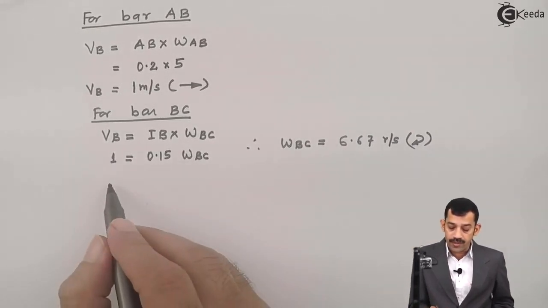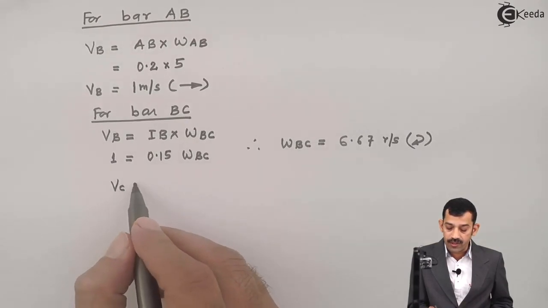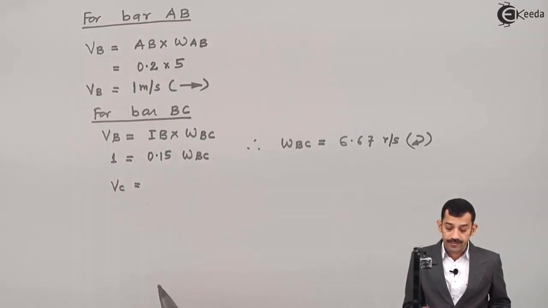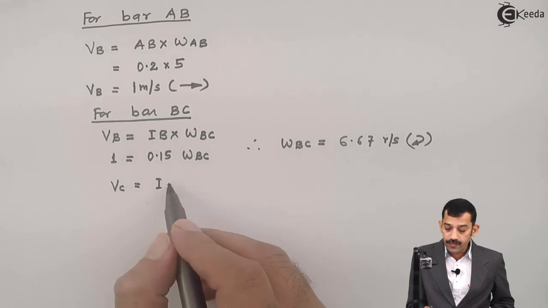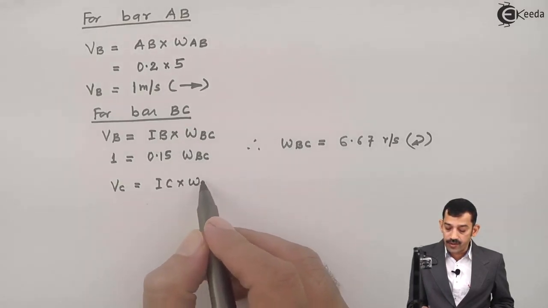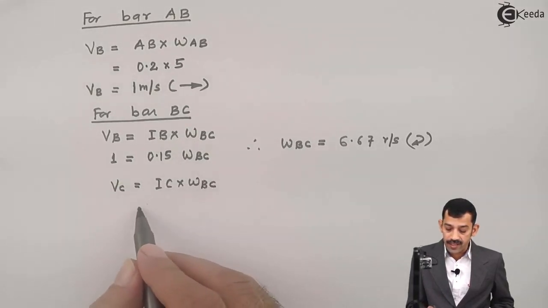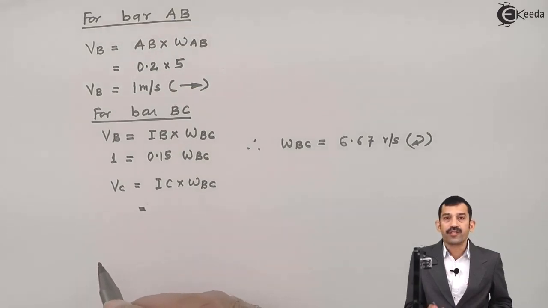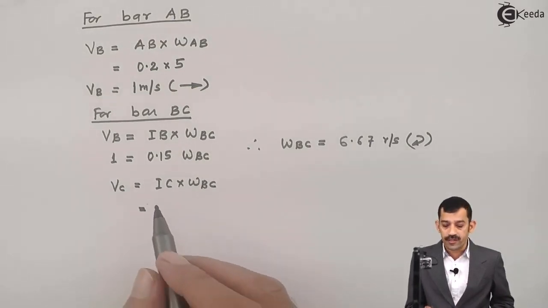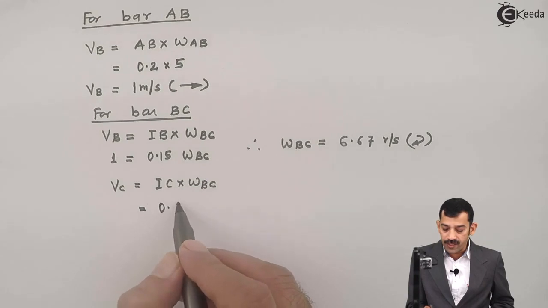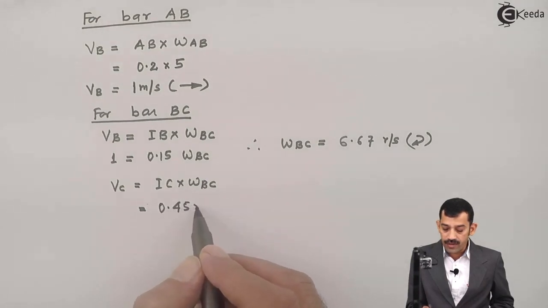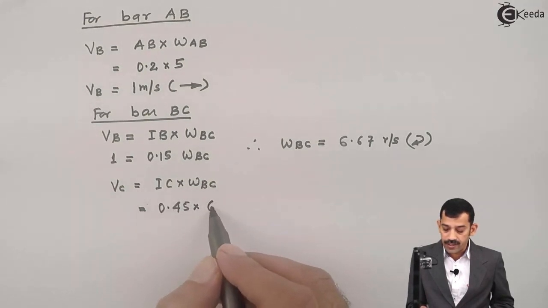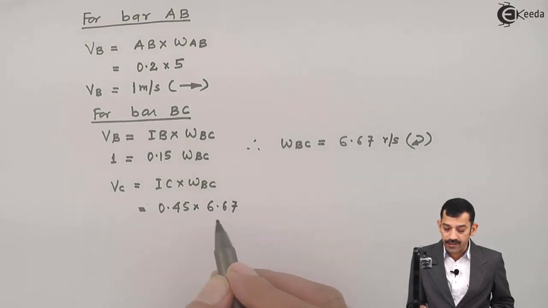Once you get omega BC, next we write the equation for linear velocity of point C, which is IC into omega BC. IC length is again given in the problem, 450 millimeters. Therefore, in meters it is 0.45. The omega BC value you have calculated is 6.67 radians per second.